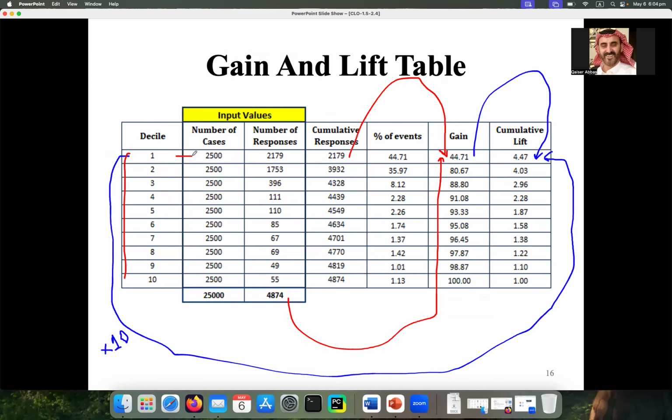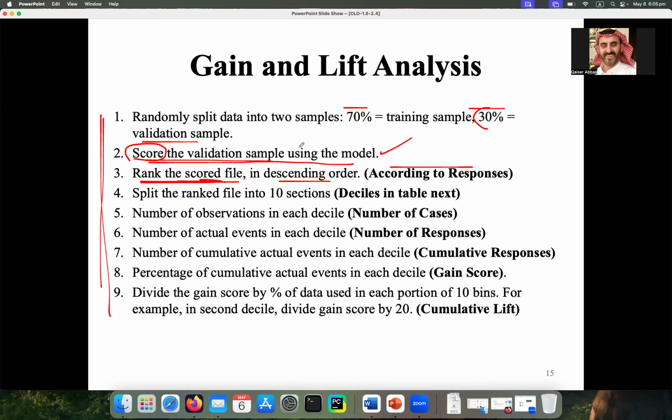And each portion, each division, contains 2500 instances, number of cases or events from your data set. Here you equally divided the instances. This is the total of that. And then the number of responses, this is the column I am talking about.